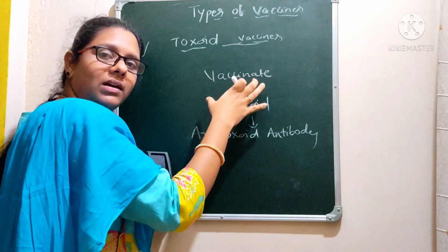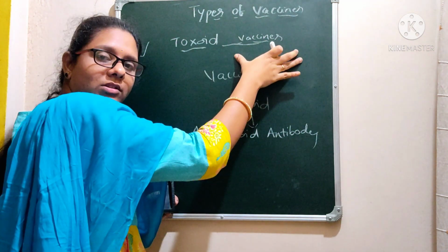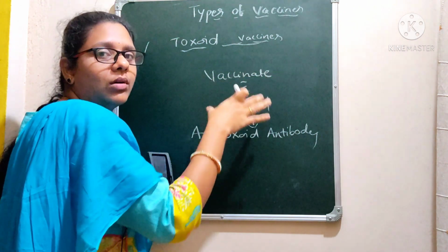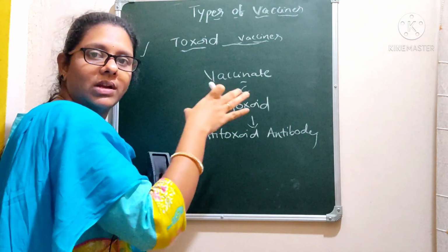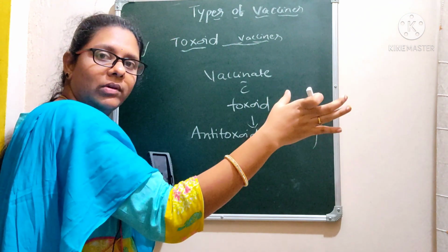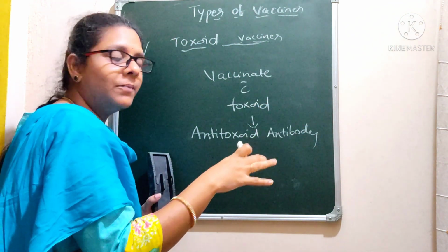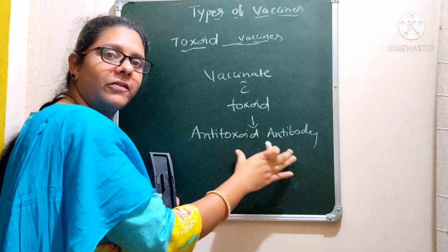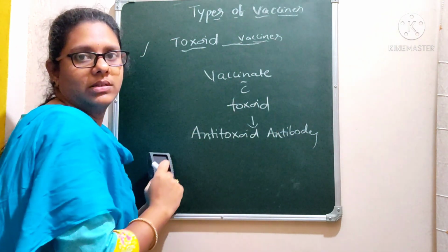So in preparing toxoid vaccines, we first convert it to toxoid by purification and chemical treatment, and this toxoid is then injected into a person in the form of a vaccine that will induce the immune response, leading to the synthesis of anti-toxoid antibodies.